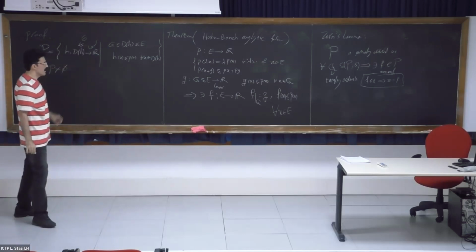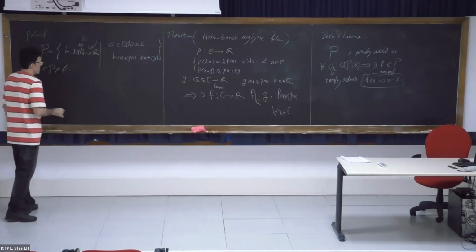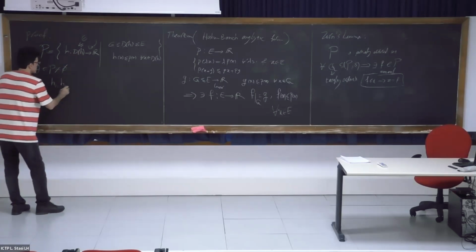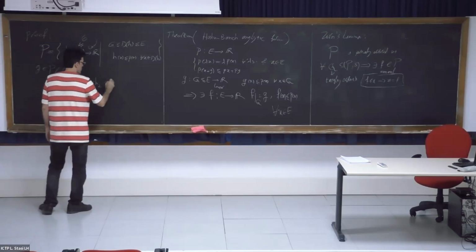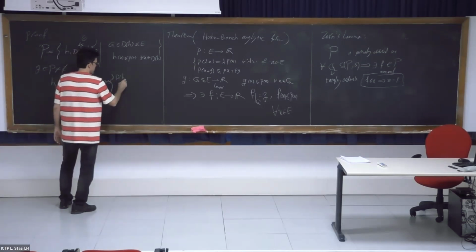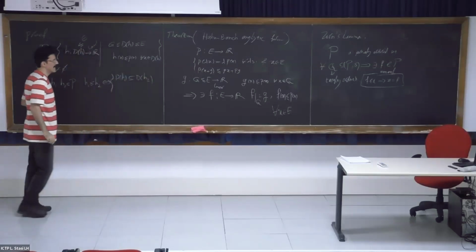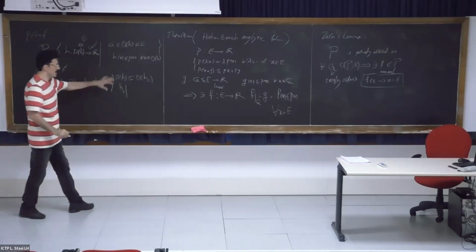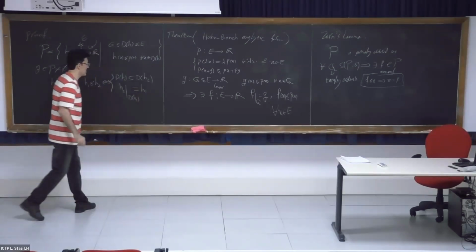We want to define an order here, and the order is defined like this. We say that for h1 and h2 in P, h1 is less than or equal to h2 if and only if we have these conditions: the domain of h1 is a subset of the domain of h2, and h2 restricted to the domain of h1 is h1.